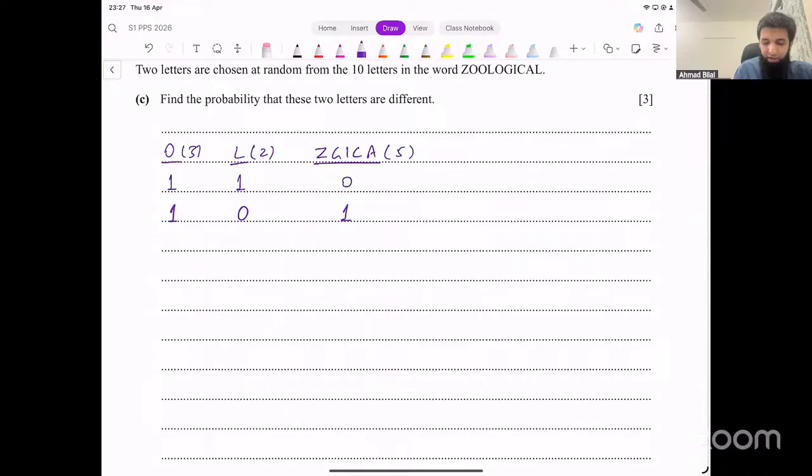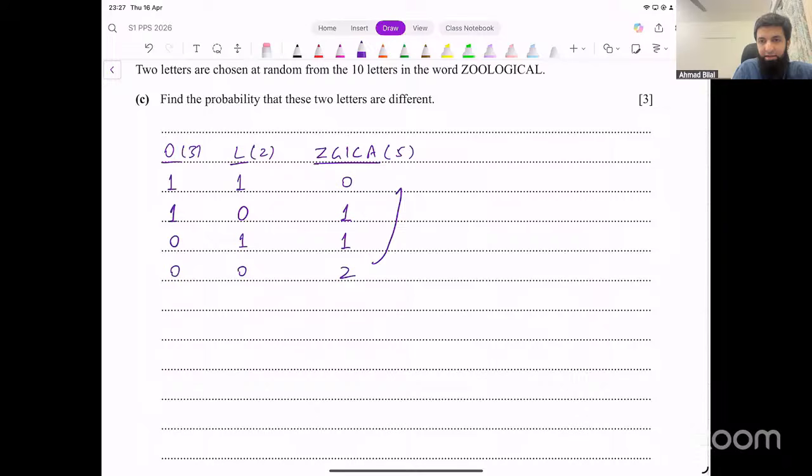1, 0, 1. Then we could have 0 O and then 1 L and one other letter. Okay. Do we have another possibility? Are these the only cases, or would we have another case as well? 0, 0, 1, or 0, 0, 2?